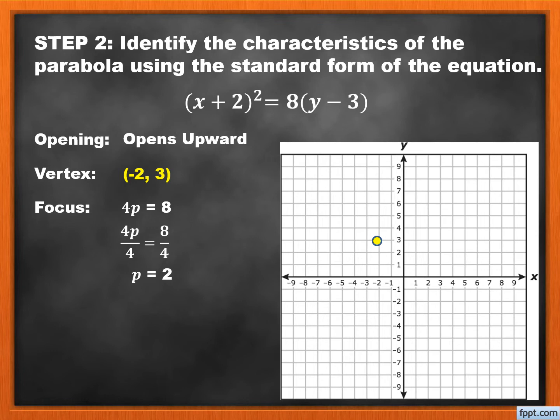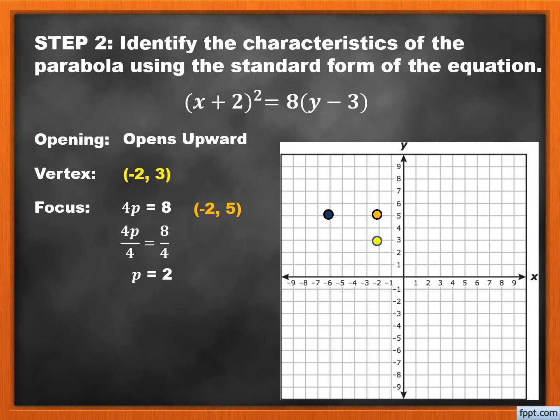Using p equals 2, that means from the vertex, we move 2 units upward, and that is the orange point in our Cartesian coordinate plane, and that point is (-2, 5). Or simply add the value of k, which is 3, plus the value of p, which is 2. Therefore, your ordinate will become 5.